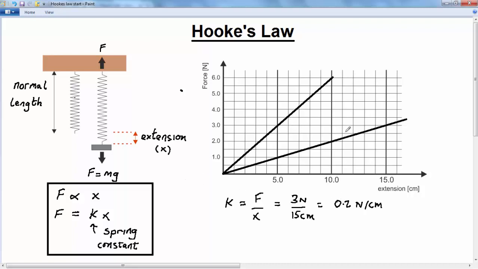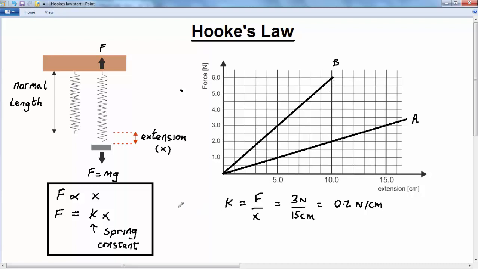In other words, the force required to produce an extension of 10 centimeters in this spring, let's call that spring B, is equal to 6 newtons, whereas the force required to produce an extension of 10 centimeters in spring A is only 2 newtons. So this is the stronger spring.